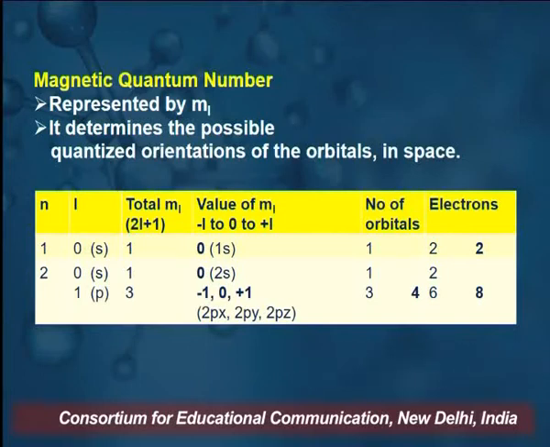Putting the value of l as 0, we get 1. Putting the value of l equal to 1, we get 3. Now the values range from minus l to 0 to plus l. Say when l is equal to 1, ml will be minus 1, 0 and plus 1. Now the number of orbitals comes out to be 3. Each orbital can have 2 electrons, so total will be 6 electrons.